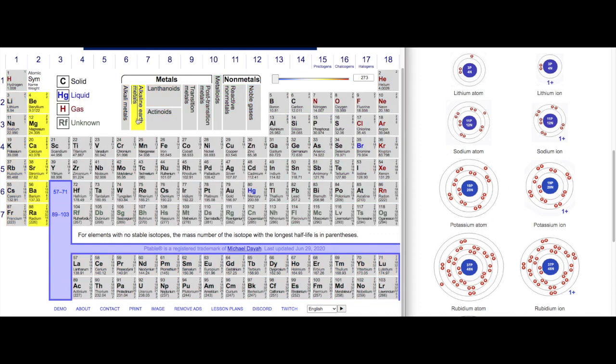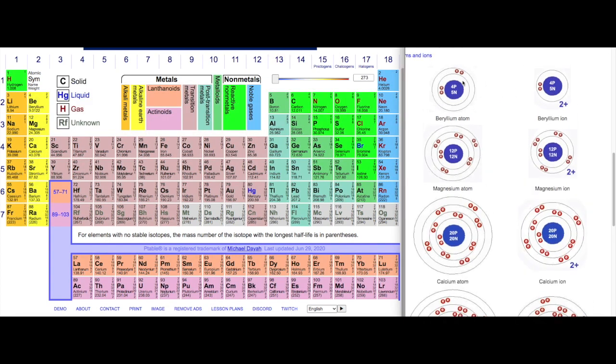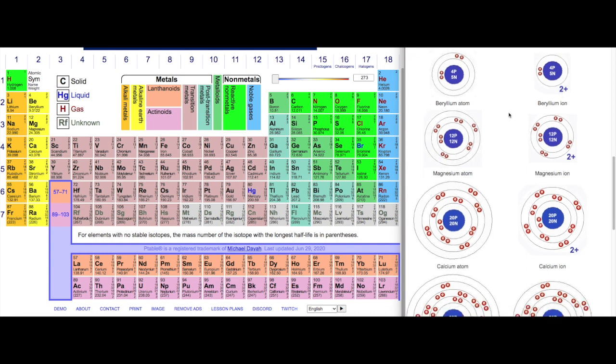The alkaline earths are similar, except they form a +2 charge, and that's because they have 2 electrons in their outermost shell, and they want to get rid of both of them. And when they do, they form a +2 ion. So for those, the ones to know are beryllium, magnesium, and calcium. Know that all 3 of those, if they're in a compound, would have a charge or an oxidation number of +2.